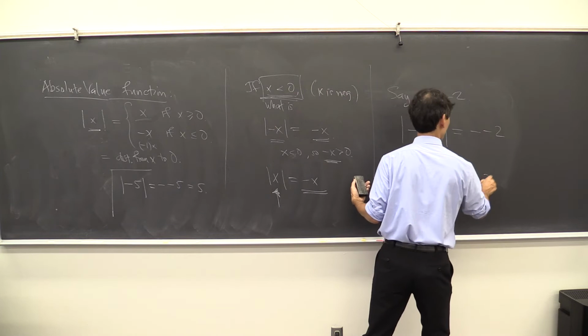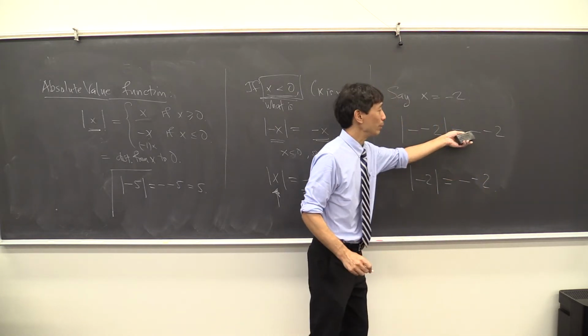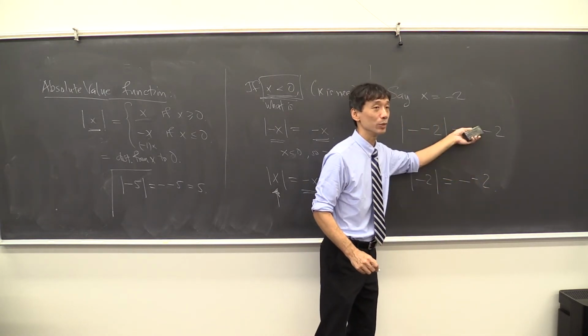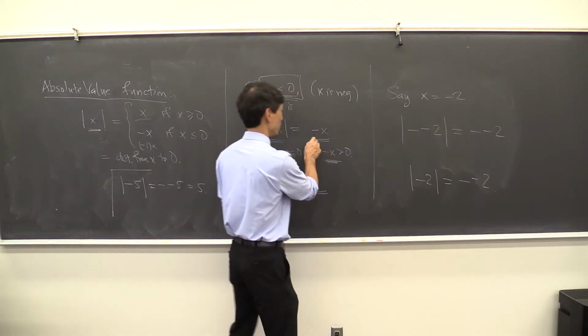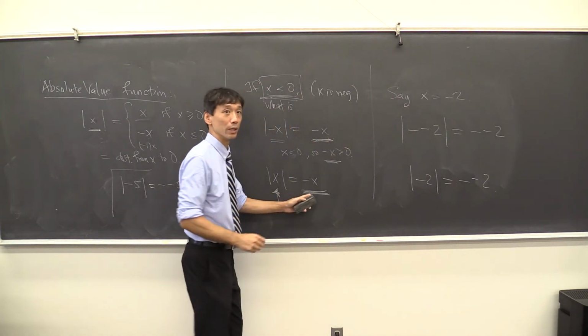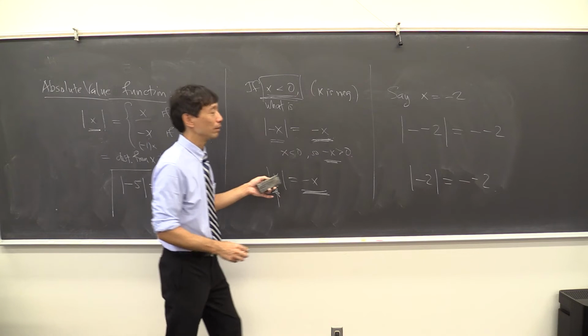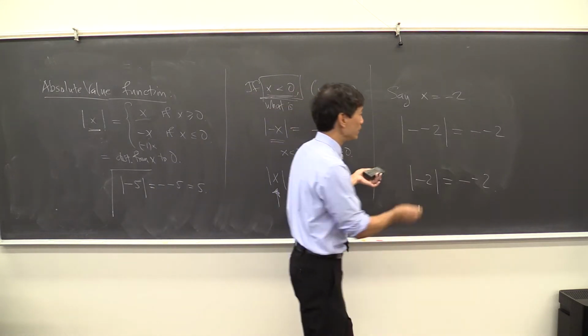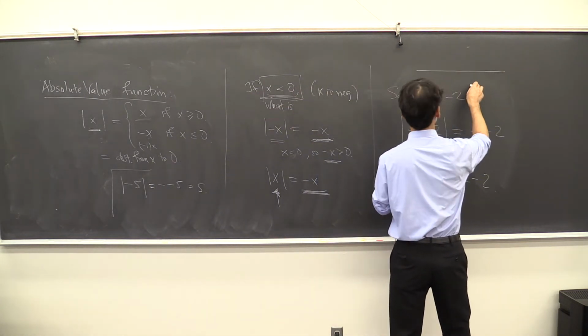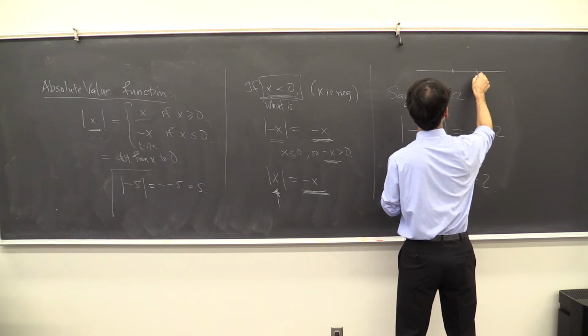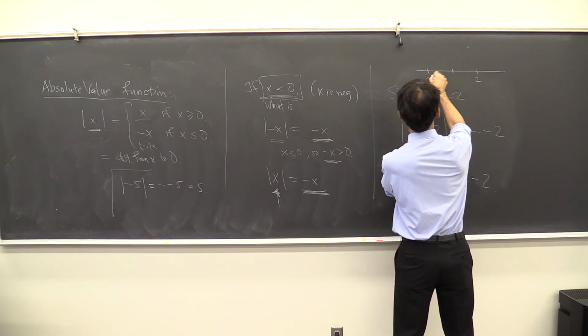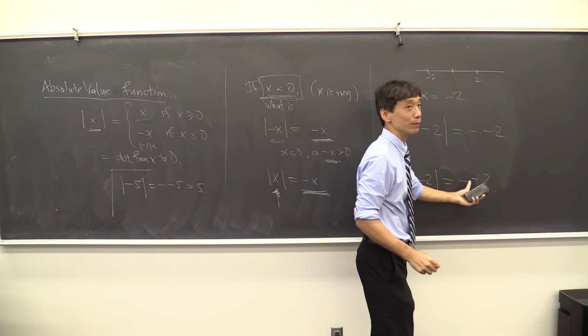Again it's 2. They're both going to be this positive number 2. So you get negative x here, and negative x here. All this is saying is that if you have this guy is 2 and this guy is negative 2, they both have an absolute value of 2.